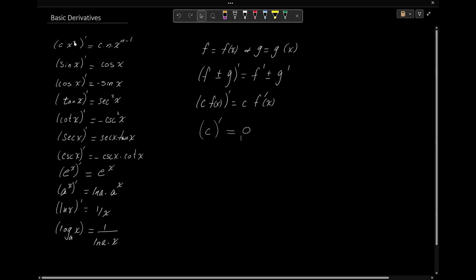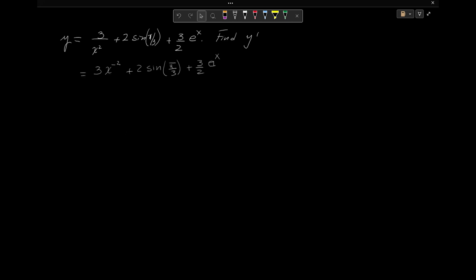We have some x to a power times a constant. It's the constant times the power times x to 1 less power, and then the rest will follow. So again, familiarize yourself with this so we can go through the problems.